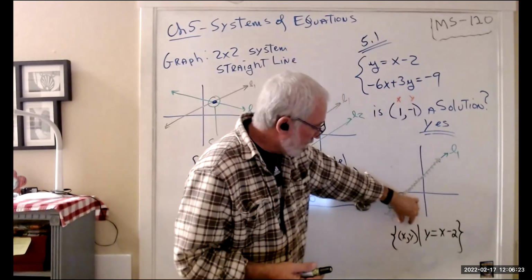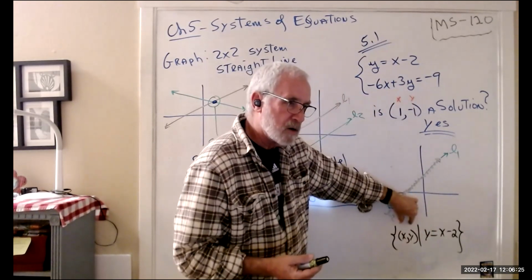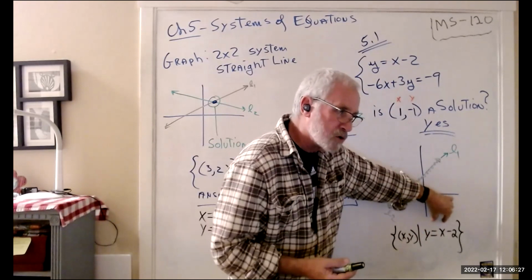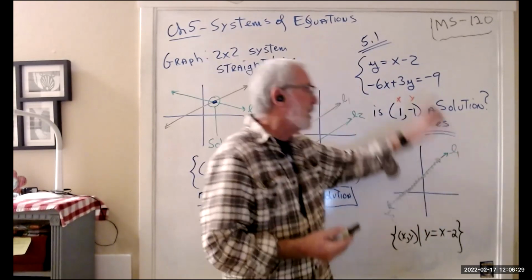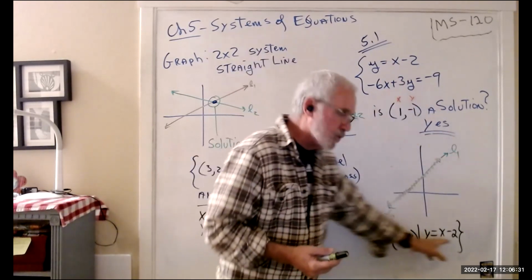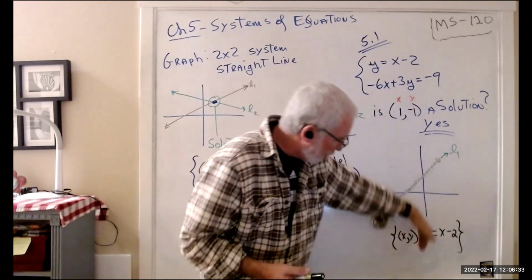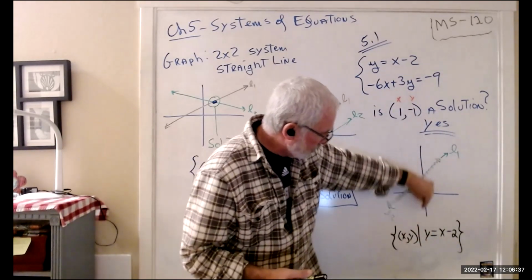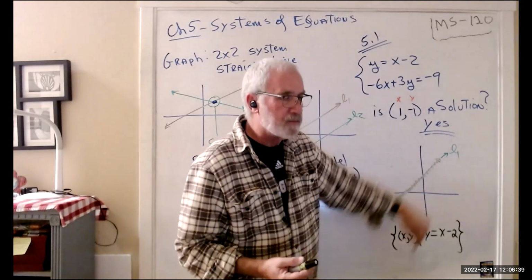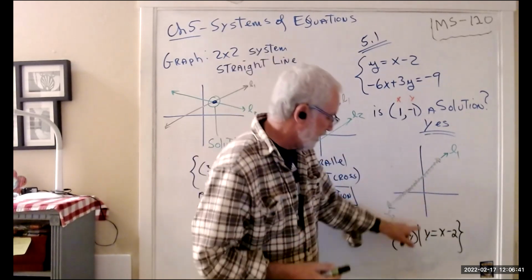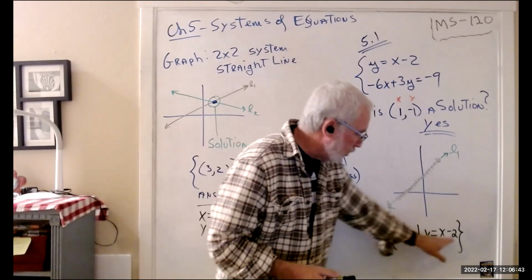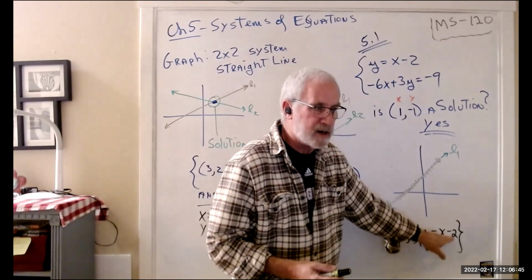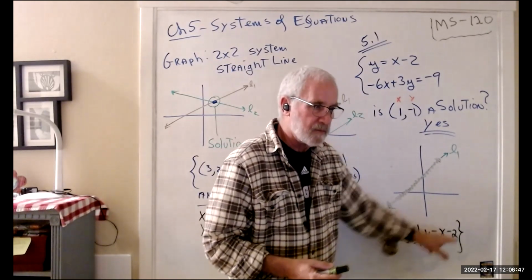But this says any ordered pair that makes this equation true also makes the other one true. That's how you read that. And that's a bar there. So any ordered pair that the bar, well, I'm not going to tell you what it means yet. Bar, and then you write one of the equations, and it doesn't matter which one because they're both the same.